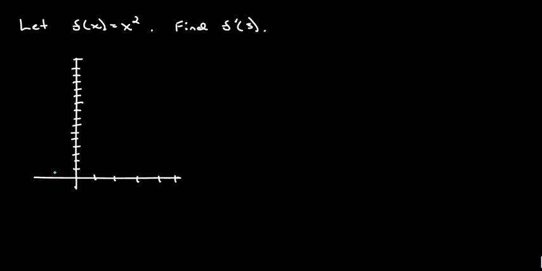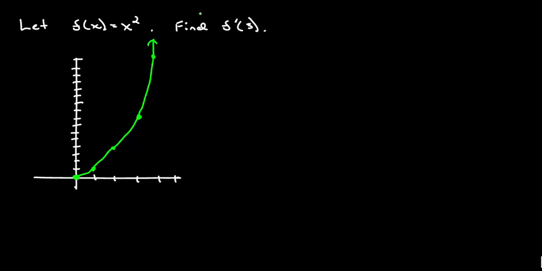So 0, 0 is clearly a point. 1 over 1 up is a point. 2 over 4 up, so 1, 2, 3, 4, right about here. 3 over 9 up, so 4, 5, 6, 7, 8, 9, roughly here, and then 4 over 16 up. Oops, that wasn't good, but whatever. You get the idea.